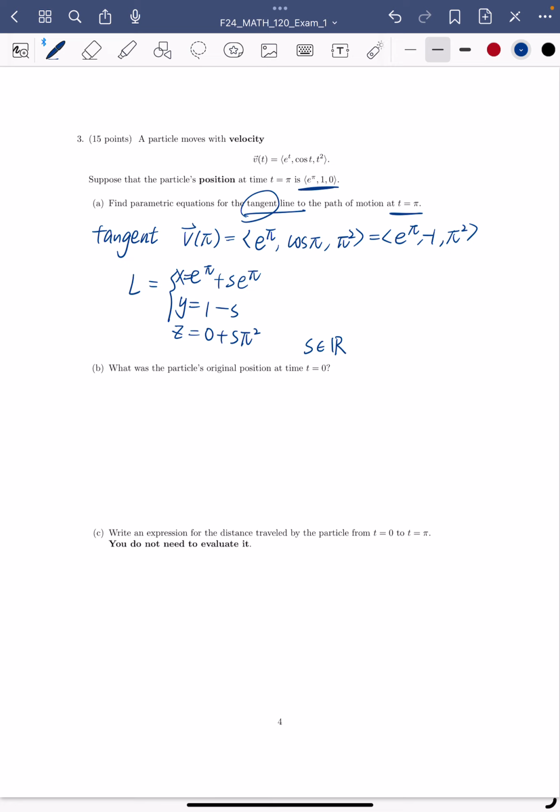Now, what is the particle's original position at t equals 0? So we do know the position at time pi, and we want to find the position of this particle at time 0. So this is exactly the integral of v(t) dt, right? And this is a vector, so we're going to do this separately.